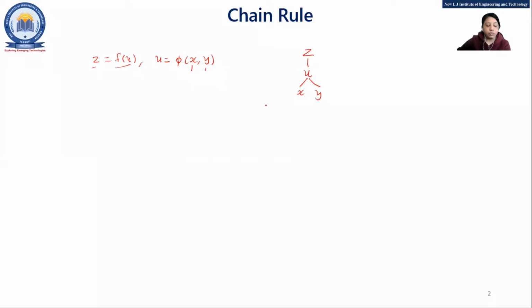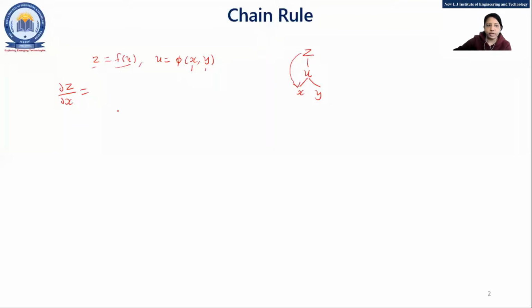Fine. So if you want to find del z by del x, you can see from the figure. For z, you will go through z, u and then x. Then the other way is direct, from z to x.